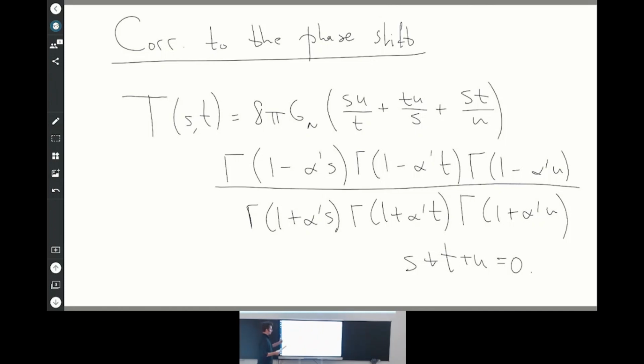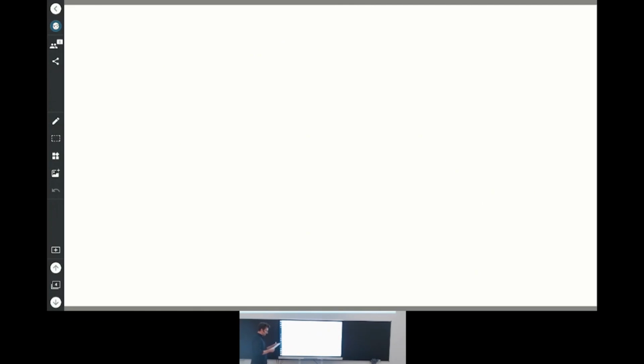Now, at low energies, we get back what we discussed, but we are interested in the corrections at high energy. The basic formula here is that if you take the Regge limit, where s is large, we get the following familiar formula.